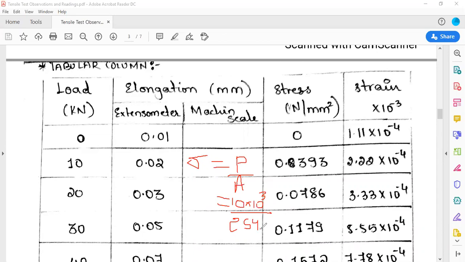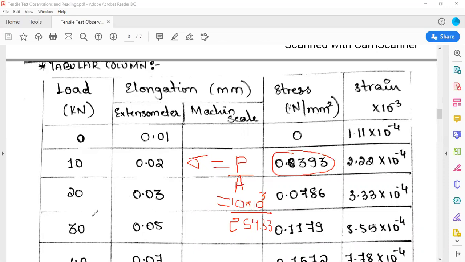I don't remember exactly the value. I think it might be 254.33. Load divided by cross sectional area, you will get the stress induced in the member as 0.0393 Newton per mm square.